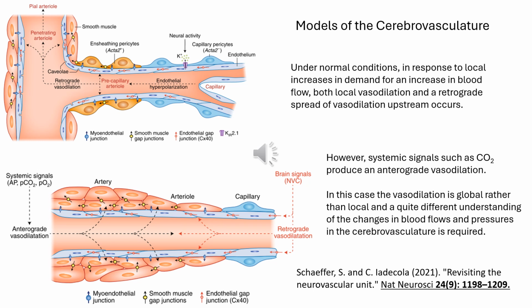The lower diagram expands the view from capillary to artery, showing not only the retrograde vasodilation, but also the possible anterograde vasodilation from globally administered stimuli like CO2. Global vasodilatory effects require a quite different understanding of the changes in blood flows and pressures in the cerebrovasculature compared to local changes.